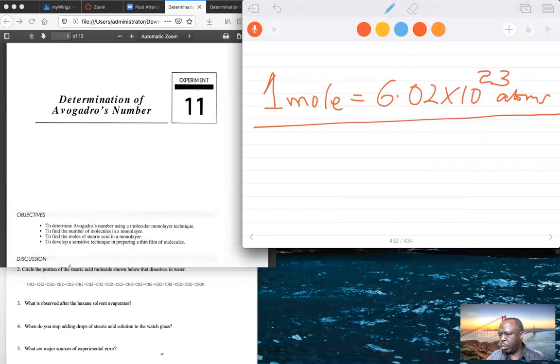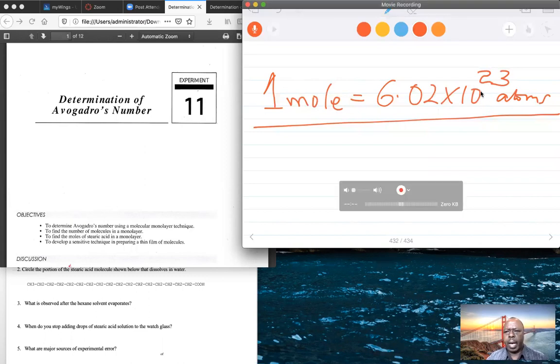What you want to commit to your memory is relating the mole, atoms and the atomic mass on the periodic table.